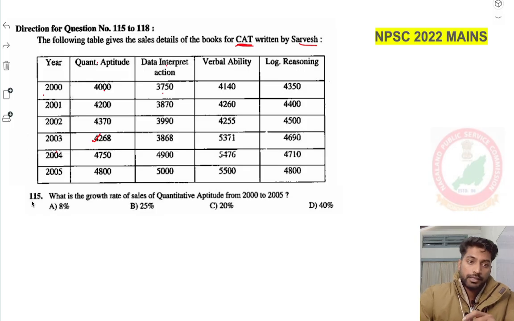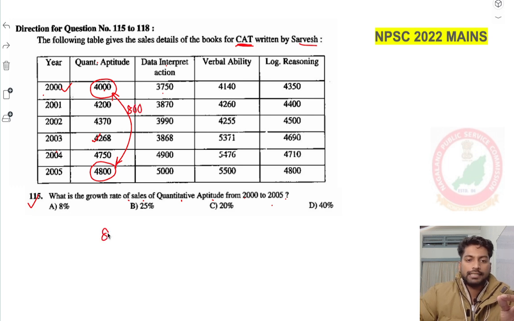Now see the question. What is the growth rate of sales of quantitative aptitude from 2000 to 2005? In 2000, quantitative aptitude was 4000. In 2005 it became 4800. So how much is the increase? Not rate, what is the growth? 800, right.